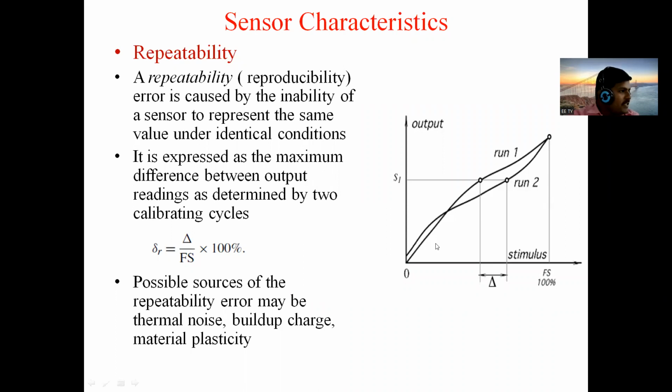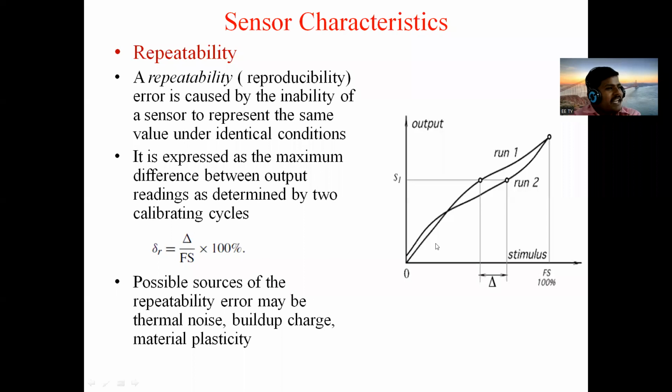Do you know calibration? Calibration means we consider one identical or standard condition, and we compare the output at that standard. Suppose a weight machine is there, and we want to calibrate that machine for 20 kg, which is the standard output at ideal condition.